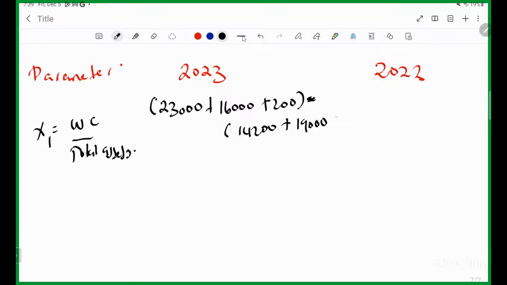Anything else? Yes, so it's going to be components of current assets minus components of current liabilities. Divide this by total assets. Total assets must be given to you. In 2023, what do we have? We have 25, and the other part, 19,000.